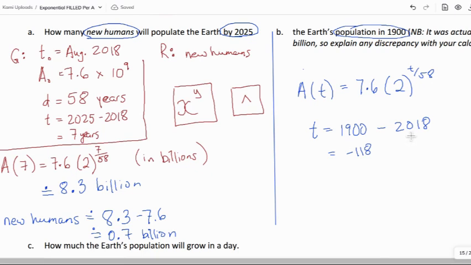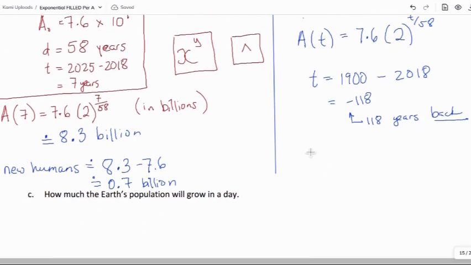You know how if you have a negative displacement in physics, it means you moved backwards. So this negative is giving us a direction of time. It's saying, hey, we're going 118 years back. Does that make sense? So the negative tells us 118 years back. Okay, so we want to find out what is A at negative 118.